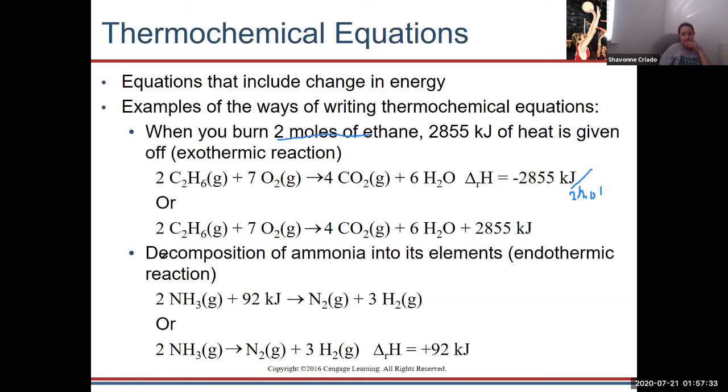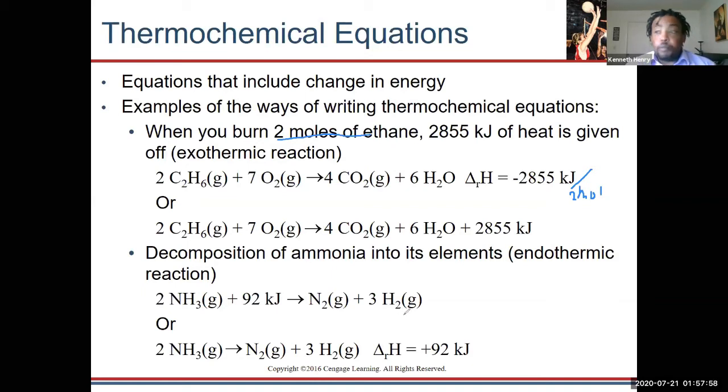So when we look at the decomposition of ammonia into its elements, that's an endothermic reaction, right? So we have the choice. We can write it like this, where we have 2 moles of ammonia plus 92 kilojoules of heat equals nitrogen gas and 3 moles of hydrogen gas.